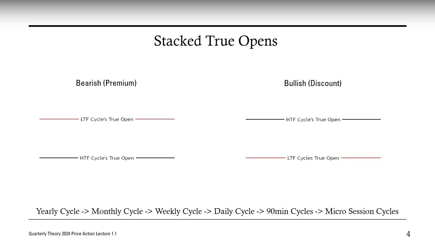Which you're going to use the 15-minute time frame to trade. If you're looking at a daily cycle, you need a lower time frame cycle's true open to get that precise entry, right?